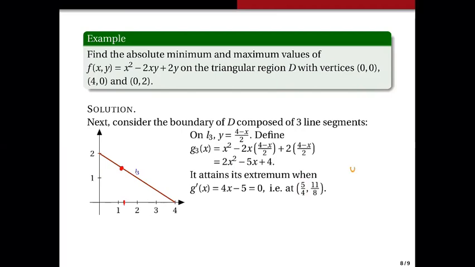So y equals 4 minus 5/4 over 2. So this is 16 minus 5/4 all over 2, and that's your 11/8. So it should be on the line. That's why you substitute it in the line, not in this, because this g sub 3 is your function f.